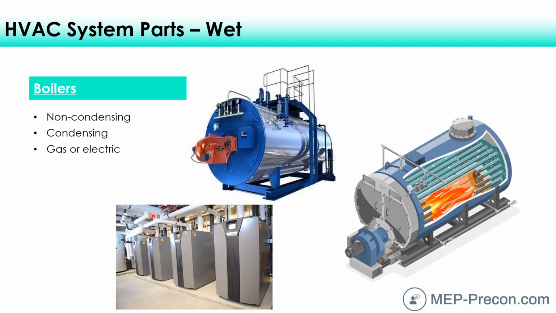And so you might think, well, gosh, why do we have gas boilers and all that expensive gas piping and so forth? Why don't we just have electric boilers all the time? Well, because the price of electricity is a lot more than the price of natural gas for the same amount of heat capacity, or essentially what you pay for the amount of BTUs that you're going to get out of that.